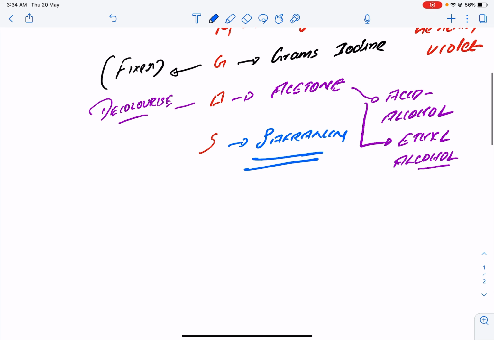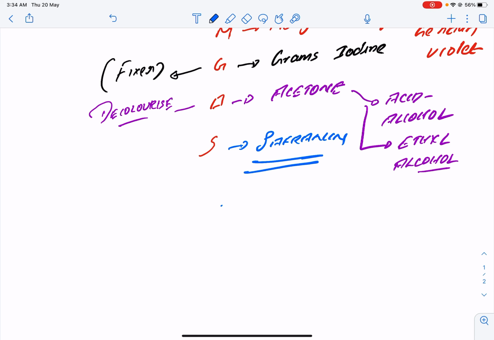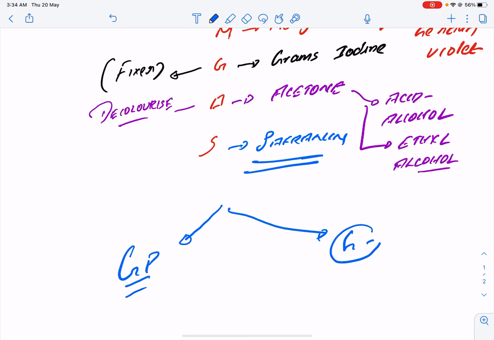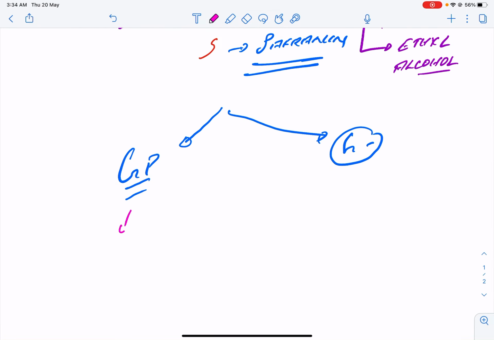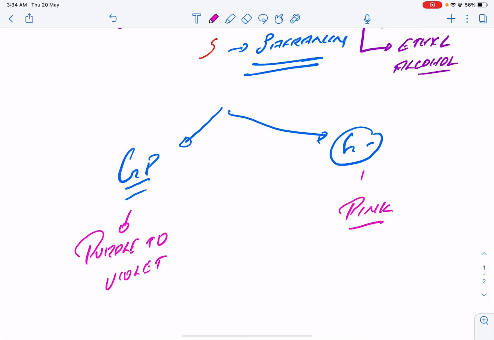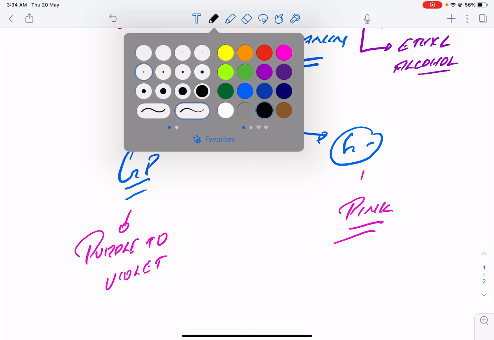Now, why do we do gram staining? To differentiate whether it is a gram positive bacteria or a gram negative bacteria. If you stain, gram positive bacteria appear purple to violet in color, while gram negative appear pink in color. You know what the reason is?